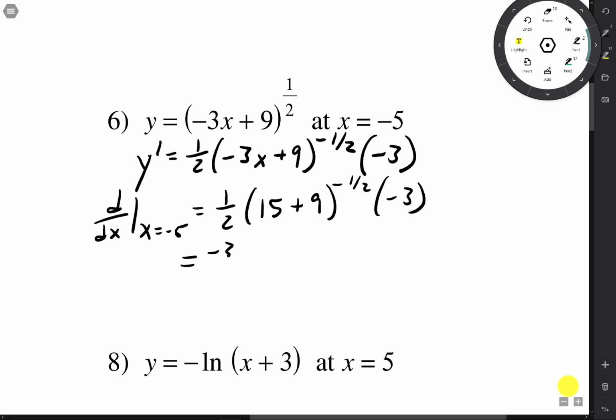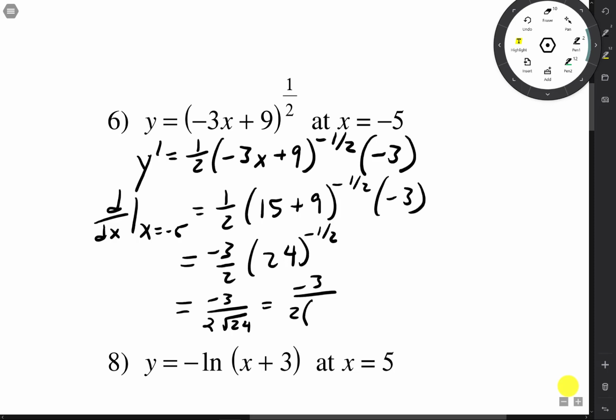So that'll be negative 3/2 times 24 to the negative 1/2, which is unfortunately negative 3 over 2 root 24, and root 24 is 2 root 6.